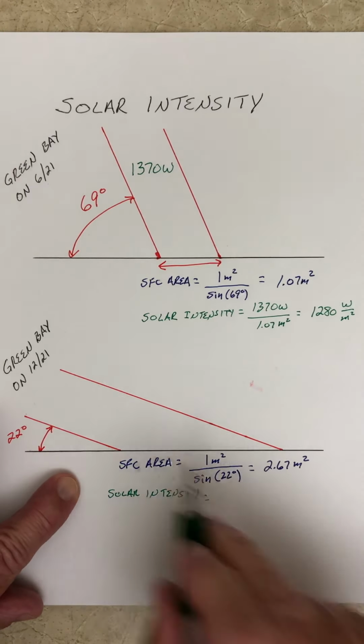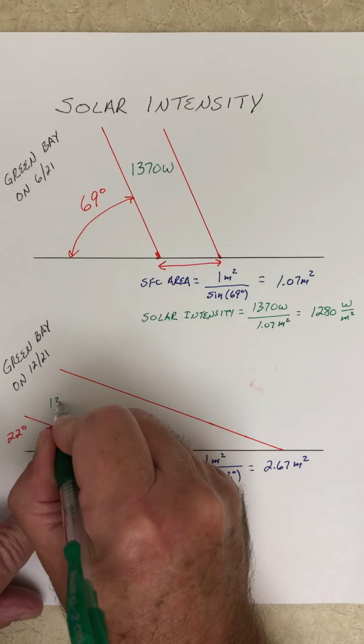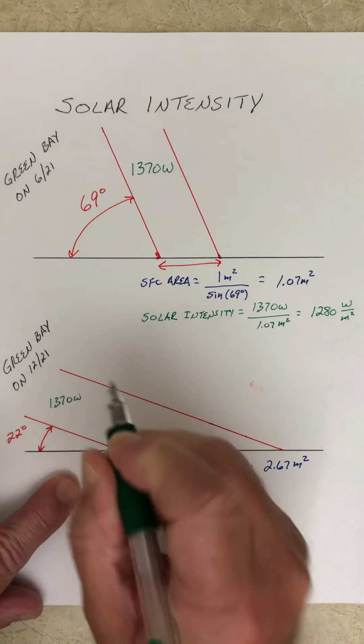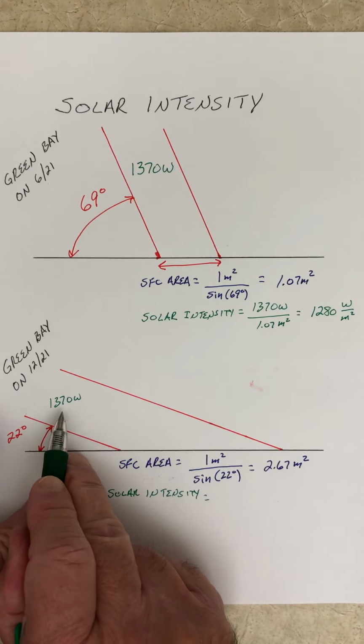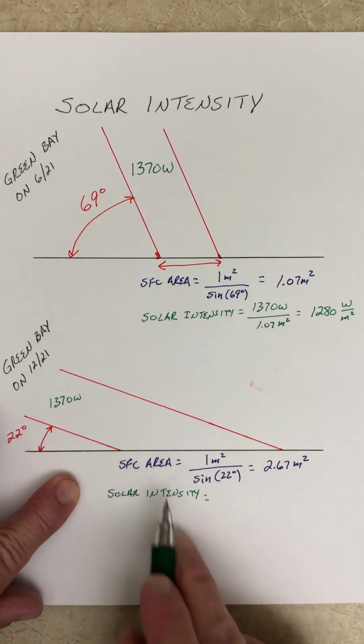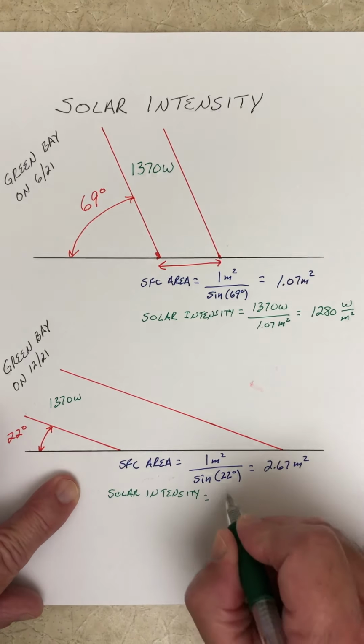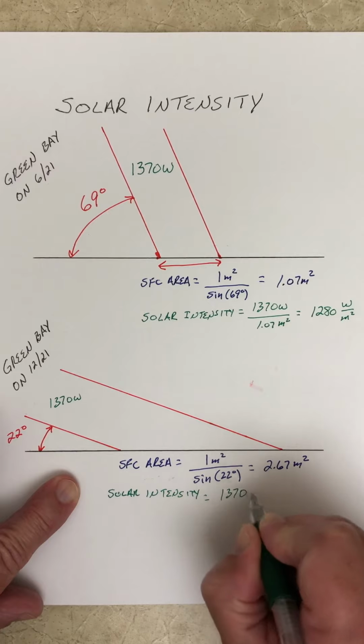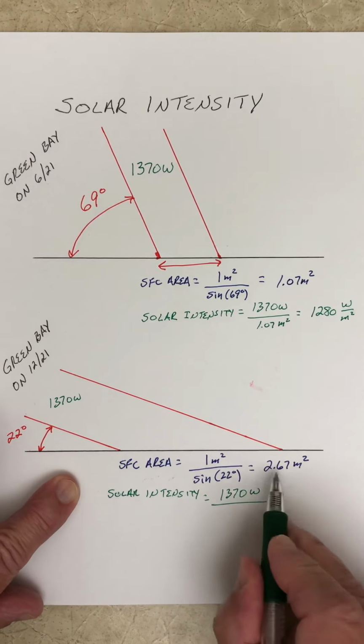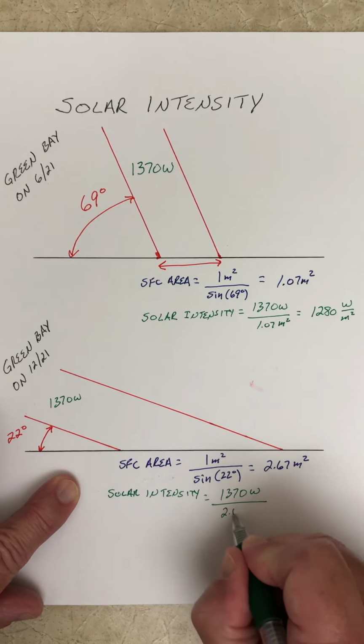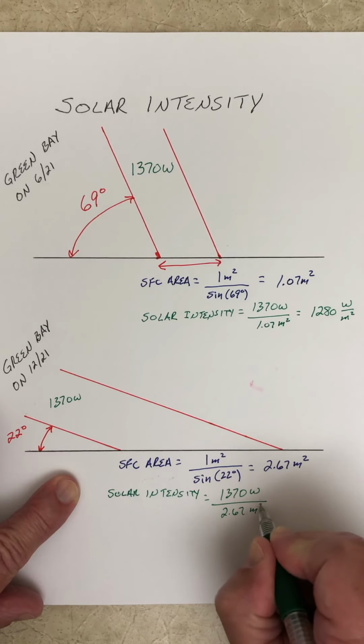If we look at it in terms of solar intensity in December, that solar intensity again is going to be 1,370 watts of energy coming in, but that 1,370 watts of solar energy being spread over way more surface area. So that's 1,370 watts, this time being spread out over 2.67 meters squared.